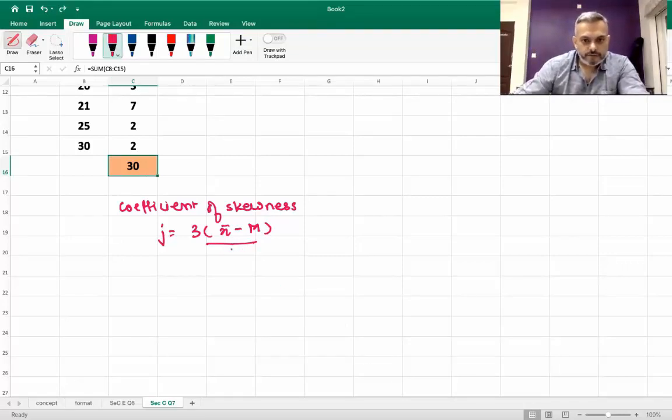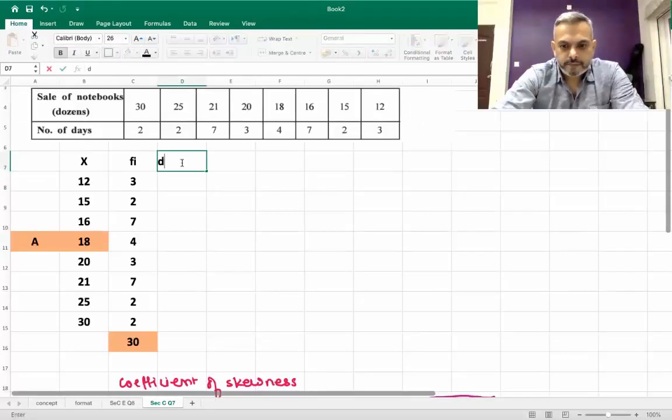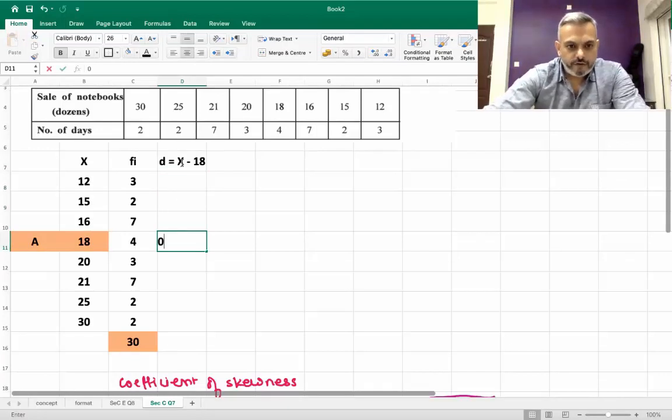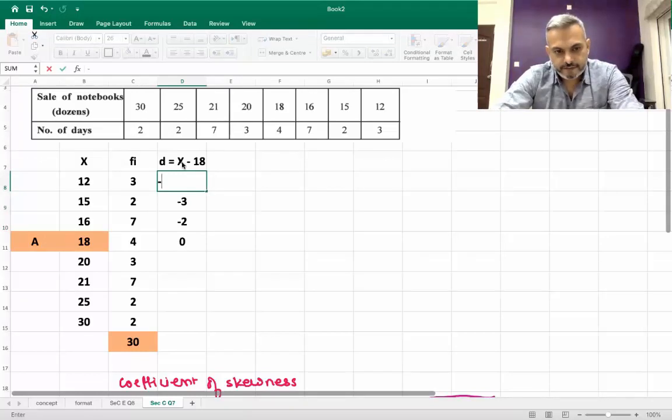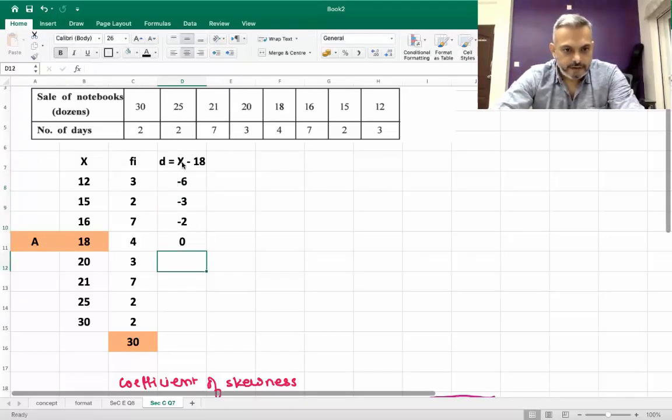So over here, d is equal to x minus 18. So 0, minus 2, minus 3, and minus 6. And over here 2, then 3, then 7, and then 12. So this is what d is.